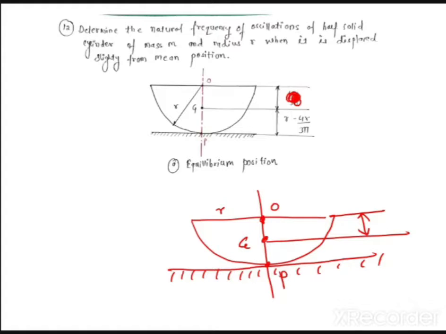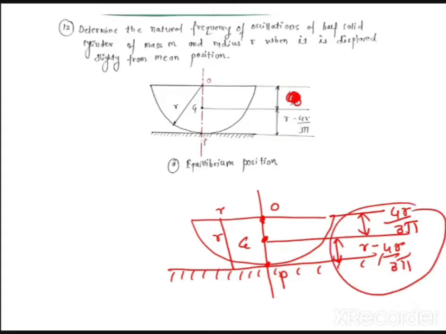Now you know that from point O up to G, the center of gravity lies at 4r upon 3 pi. We know this is for a half solid cylinder. So what will be the downward distance from G to P? The total distance is r, so the G to P distance will be r minus 4r upon 3 pi.